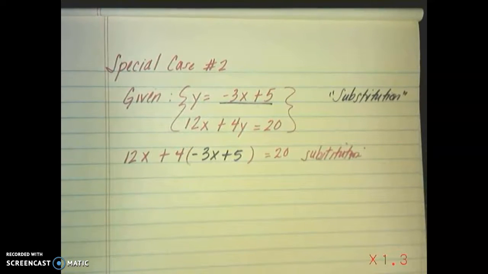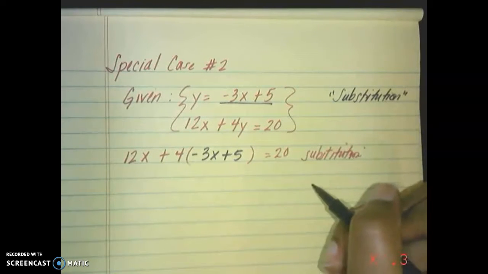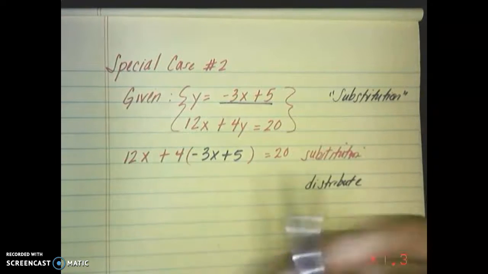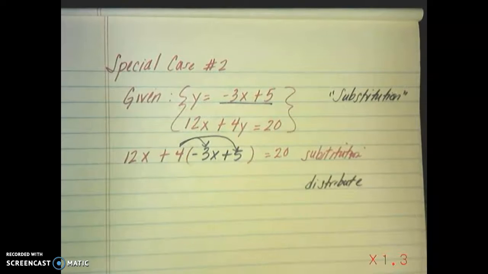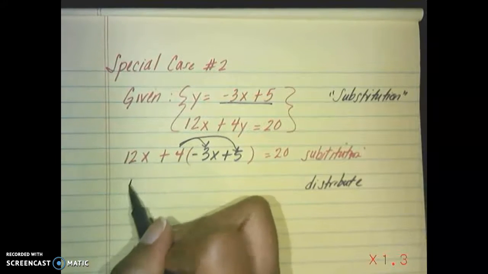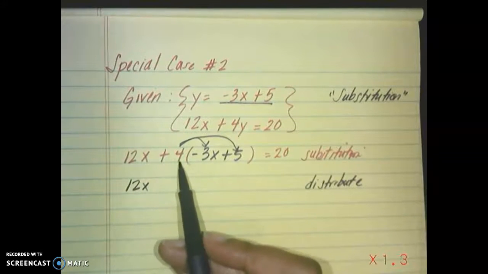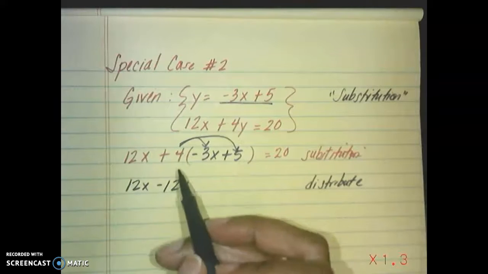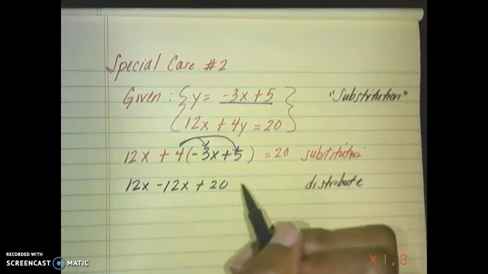Okay, and then I'm going to solve for x. I am going to distribute, and I hope you see a pattern here. If you're using substitution, you're going to have to distribute some things, folks. So I'm going to be left with 12x because I didn't do anything with that, but I'm going to distribute this 4 to negative 3x and get a negative 12x, and then 4 is going to also distribute to 5, meaning multiply, and I'm going to have 20.